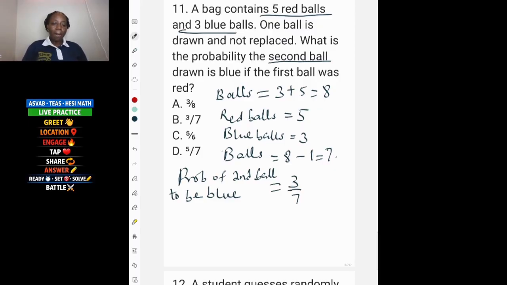Like a red ball first and a blue ball second. I'm seeing the answers already. Let's just quickly do it so that we can go on.